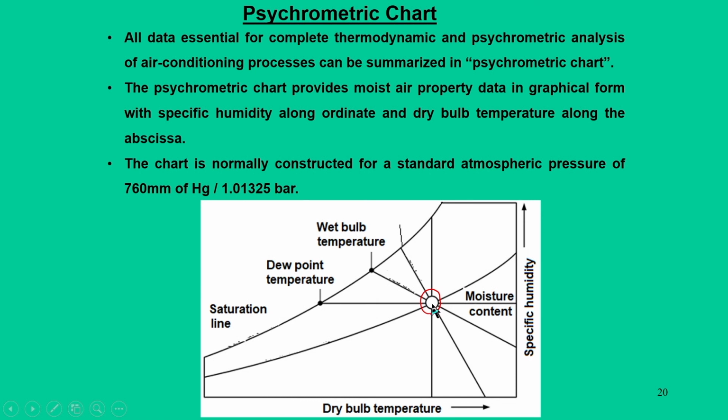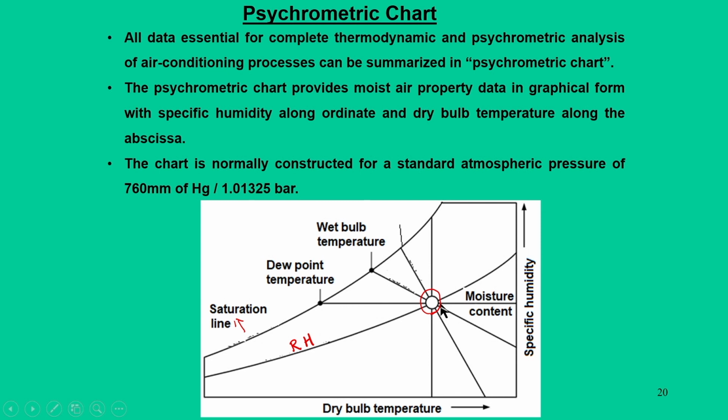Now, on this chart, there are these inclined lines, which are nothing but your relative humidity lines, and this particular line is known as the saturated line.